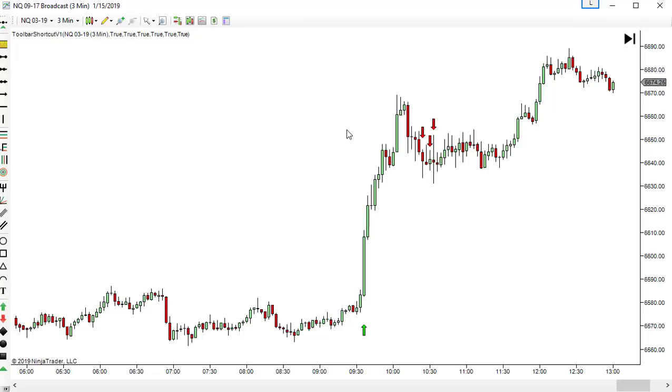So when you're managing and moving your stops up, you don't want it going way lower than where we got in, but it could come back 3, 4, 5 ticks. So again, you either just go tight with it, move your stop up like we recommend. Take 8 to 10 ticks, move your stop up. If it goes 20, either take your profit or move the stop up to entry.